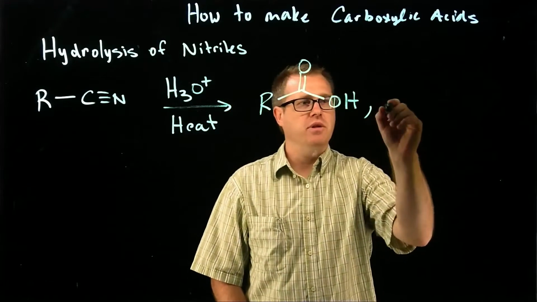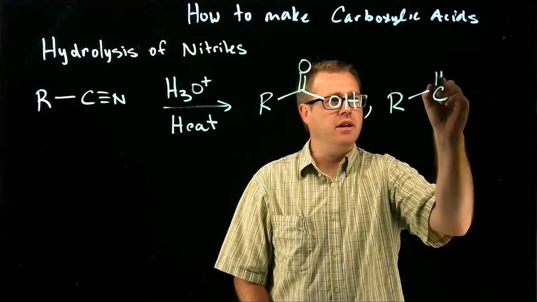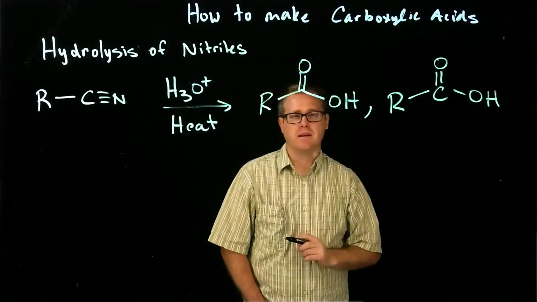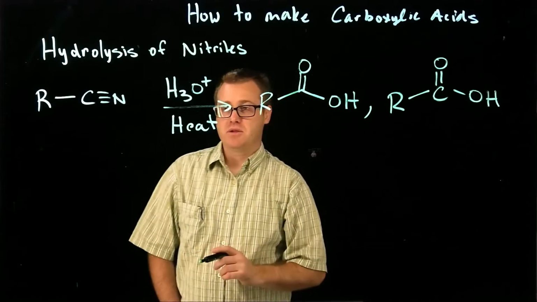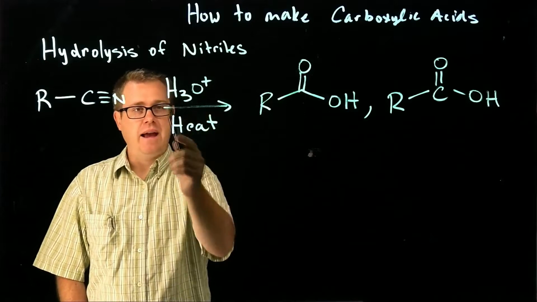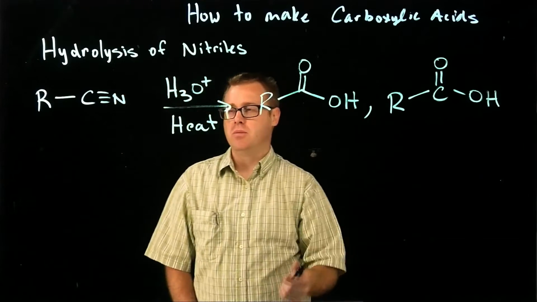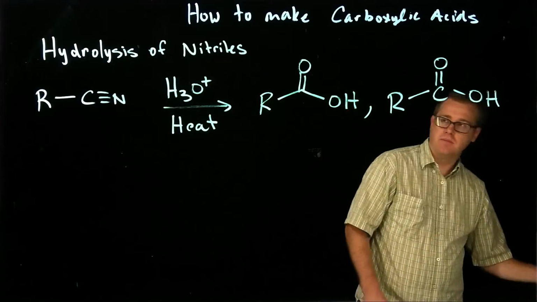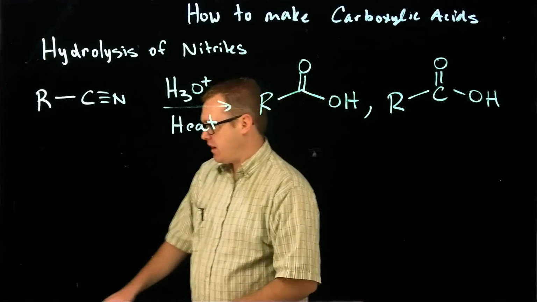So if I drew it a different way, I would have drawn it like this. So it's a very straightforward reaction. You have a nitrile, you add acid, add some heat, boom, you generate the carboxylic acid. Pretty straightforward.